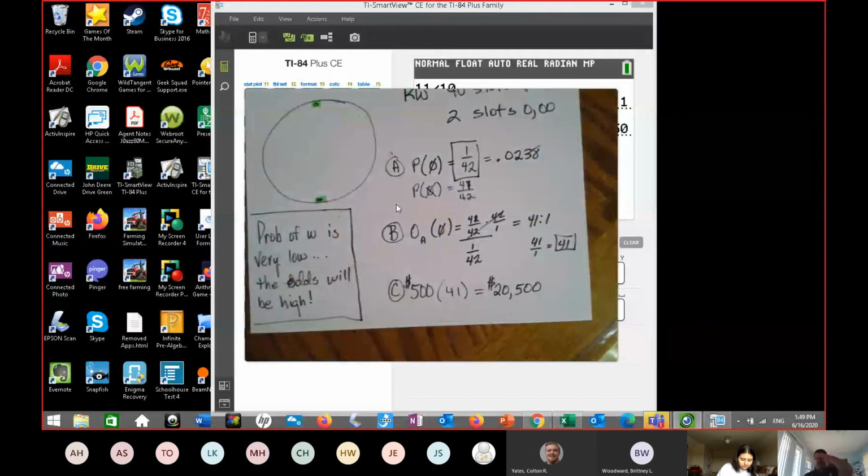So what do you need to get from odds? If the probability is low, then the payoff is high. If the probability is high, the payoff is low. That's why you have people playing nickel slot machines.